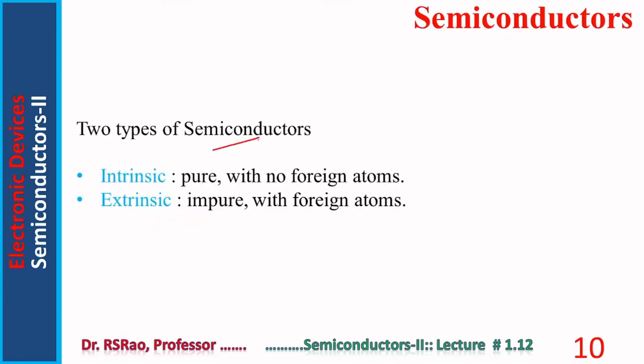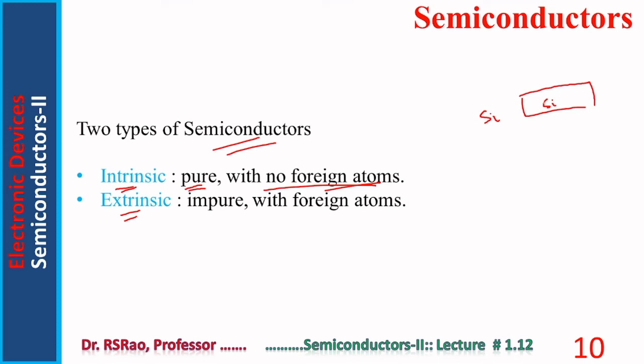Two types of semiconductors we encounter in the study of semiconductor electronic devices. One type is called intrinsic, another type is called extrinsic. Intrinsic means it is a pure semiconductor with no foreign atoms. Intrinsic silicon means in that material only silicon atoms exist.